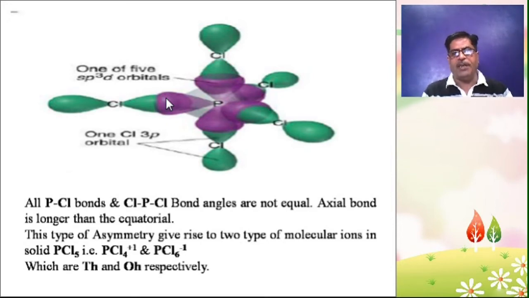These different bond angles give rise to two shapes, tetrahedral and octahedral, and the axial bond length is 2.10 angstrom and the equatorial bond length is 2.04 angstrom. Thus in the PCl5 molecule, the trigonal bipyramidal geometry is observed.